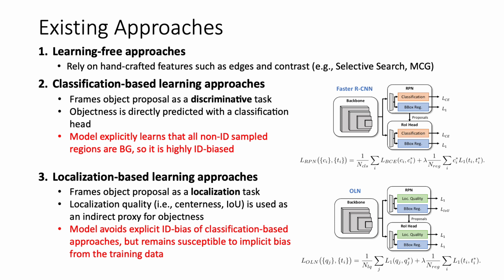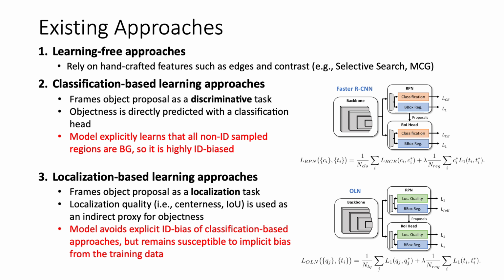These methods frame object proposal as a discriminative task, and objectness is directly predicted with a classification head. The issue with these models is that they explicitly learn that all non-known or non-ID sampled regions are background, which can often contain out of distribution or unknown objects. So they tend to be very ID biased.